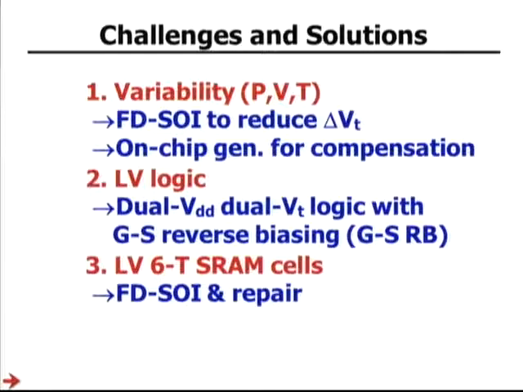To develop low-voltage logic, we need dual VDD, dual VT logic with gate source reverse biasing. And to develop low-voltage SRAM cells, we need FD-SOI and repair. Then I'll briefly explain some of the solutions.